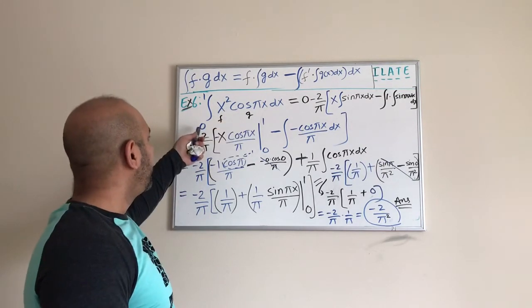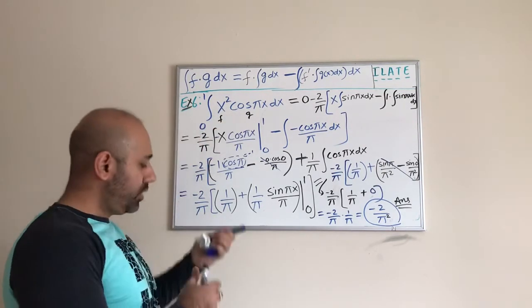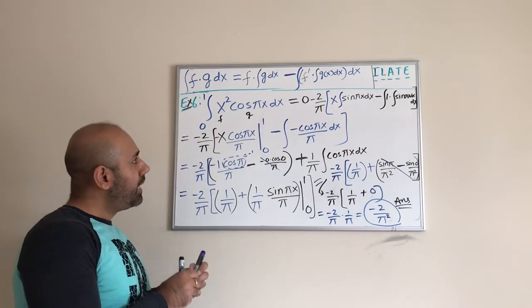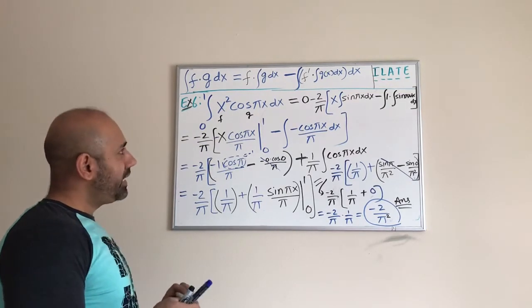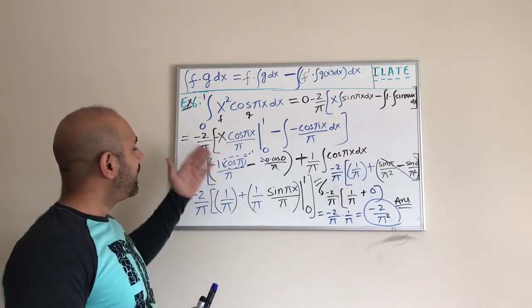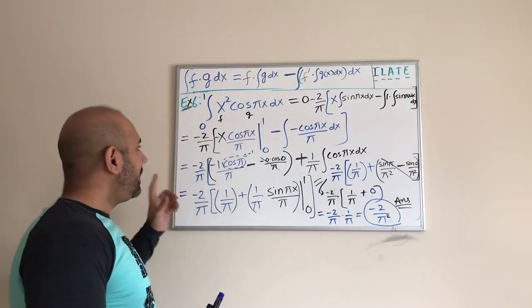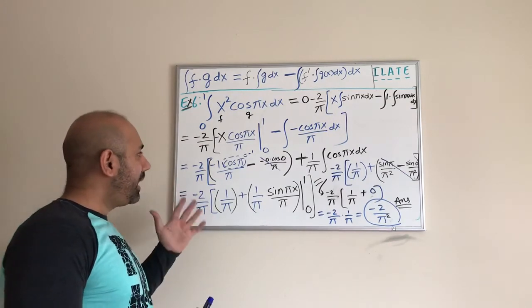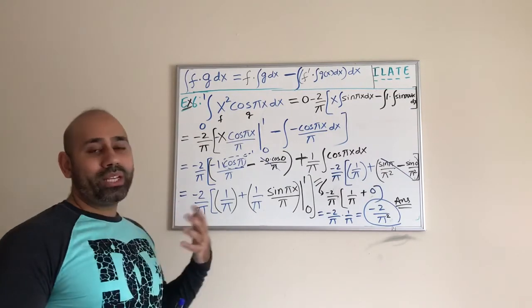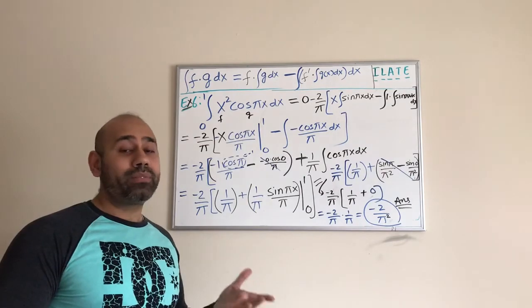But the limits of integral are from 0 to 1. So guys, this problem is not too complicated on its own. Of course, you have to use the integration by parts twice. But the tricky piece, or the most important piece here, is to apply the fundamental theorem of calculus carefully.